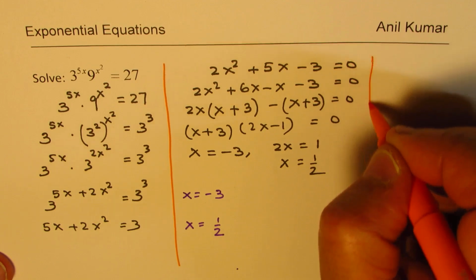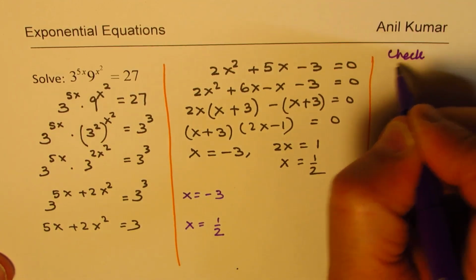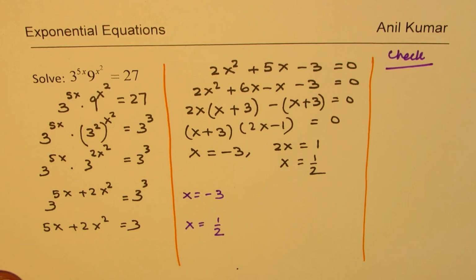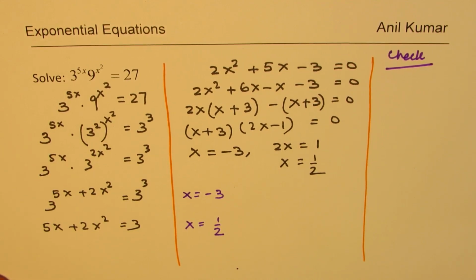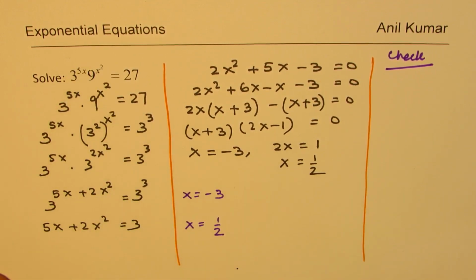Now what I would like you to do is basically check your result. Whenever you solve exponential equations, it's a good idea to check. So if I substitute x as minus 3, what do I get?